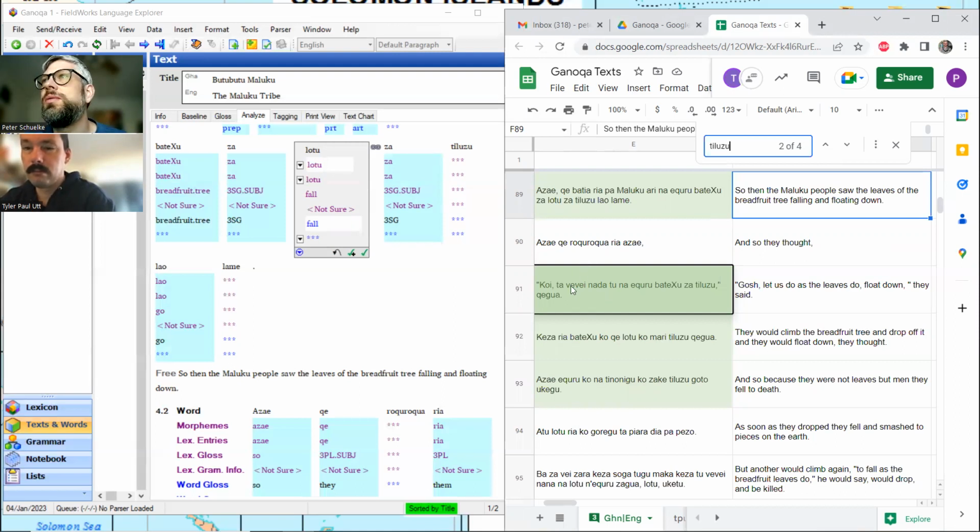Another one of those. It seems to often be there with comparisons or saying ways of doing something. Because it's our how situation. Yeah, it is how. Okay, then the next Tiluzu.